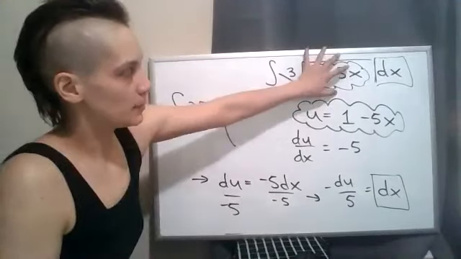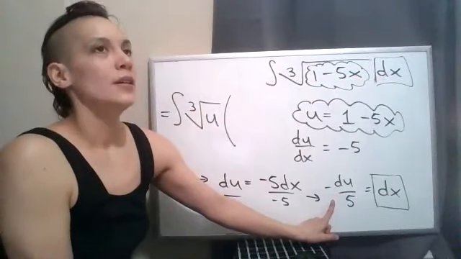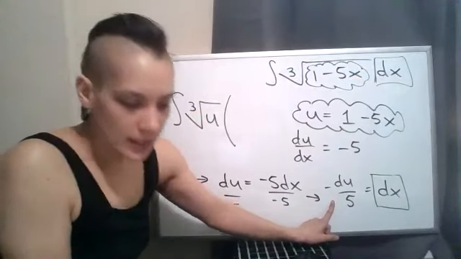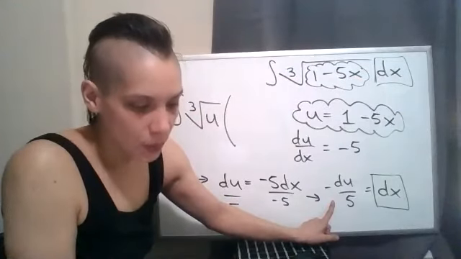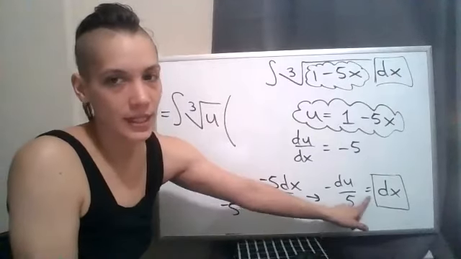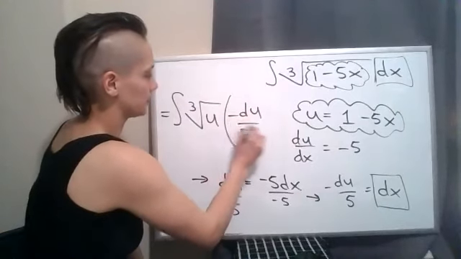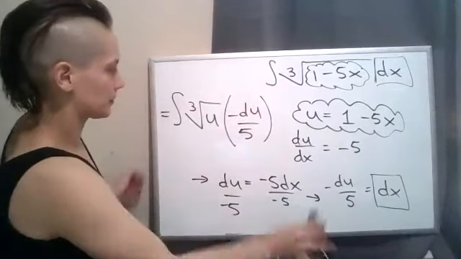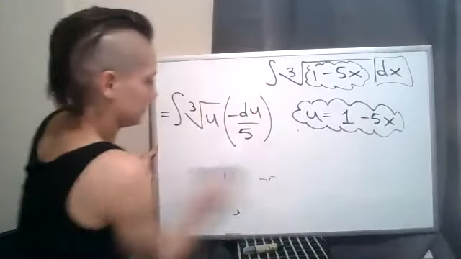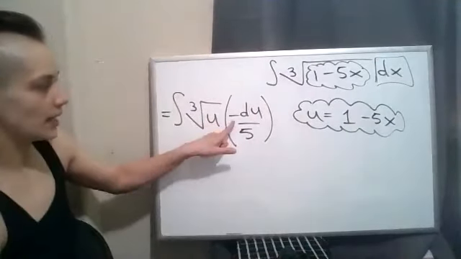Yeah, so I've taken away this piece. My dx is right here. We solved for x and dx in terms of u and du, so dx in terms of du. Okay, so I can bring that negative out front.